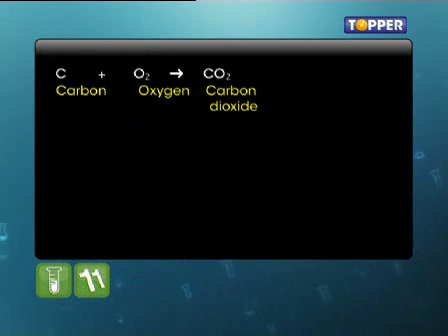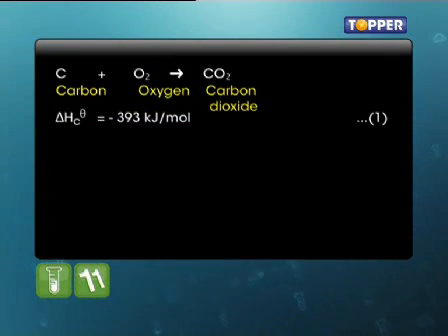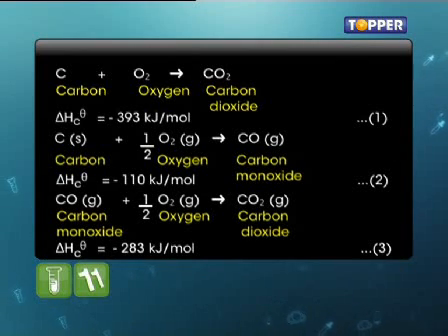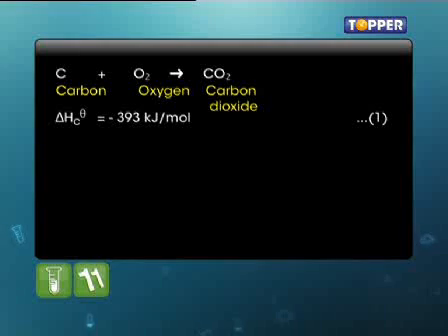Although both form CO2 by following 2 different paths, their end result is the same. Not only that, in the first equation, we see that it is minus 393 kilojoules per mole. In the second, if we add the 2 enthalpies, we see the total is also minus 393 kilojoules per mole.